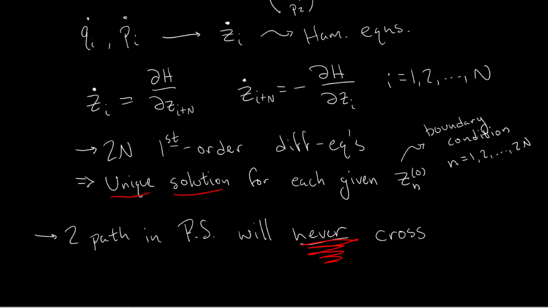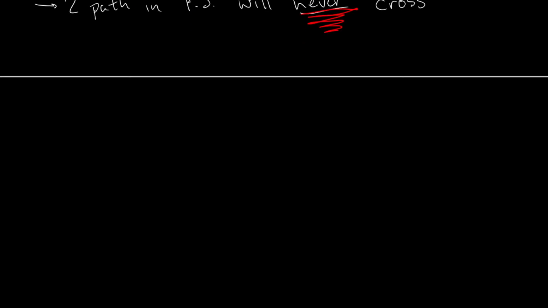If I track an orbit of the system in phase space, no two of those orbits will ever cross, right? So if I draw a phase space diagram, we'll make it 1 degree of freedom, so that I have Q here and P here.